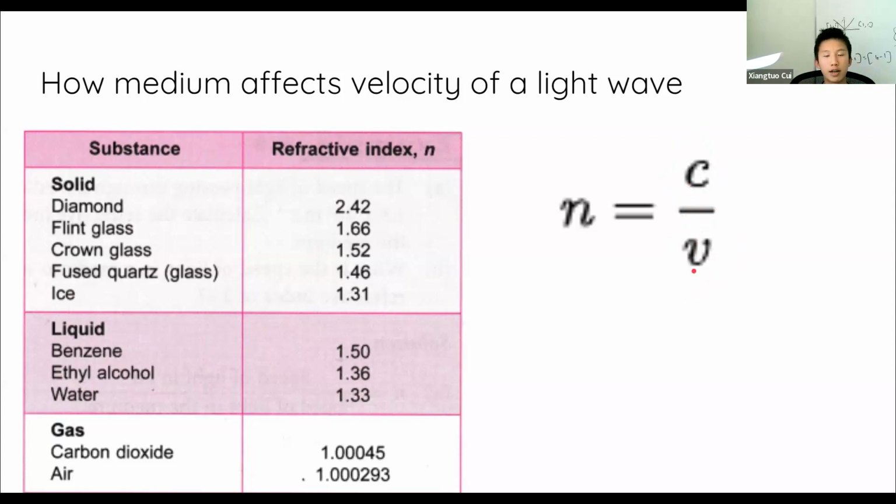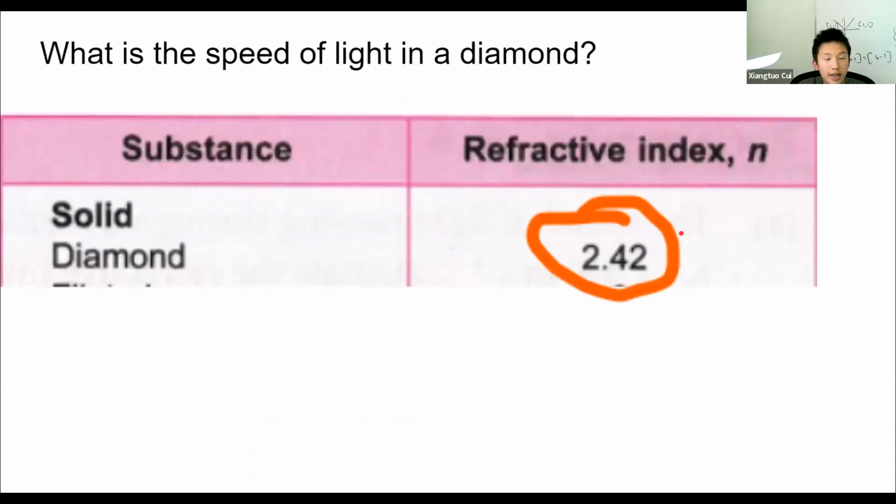When the actual velocity of light is slower than the perfect velocity of light in a vacuum, then that means it must be going through some sort of medium. And we can calculate the refractive index of the medium through this equation. So say we want to find the speed of light in a diamond.